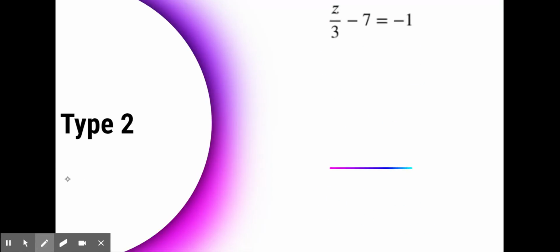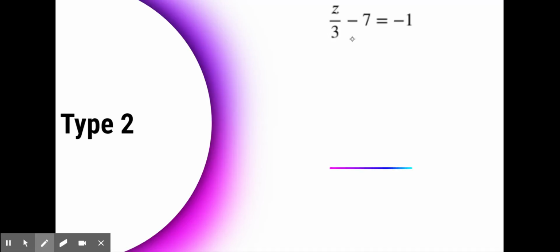Okay, the second type of two-step equation, this again is pretty typical, but this one seems to cause more problems for people. I have z divided by 3, so this first term here has division instead of multiplication. Minus 7 equals negative 1. Just like the one that had multiplication at the front, we're going to take care of this minus or addition, whatever is here first.